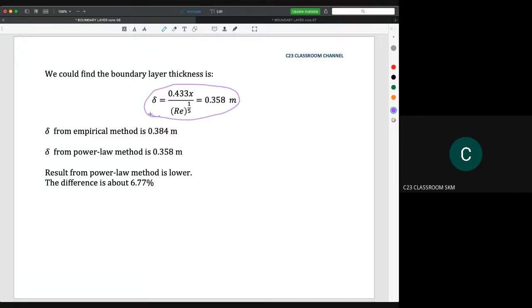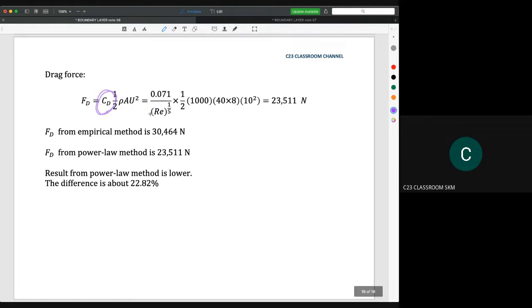You may see the previous notes, and then we could get the value of CD. We substitute all the parameters here, and we get 23,000 Newton. If we compare the drag force from the empirical method, it is 30,000 Newton, and the drag force from the power law method is 23,000 Newton.